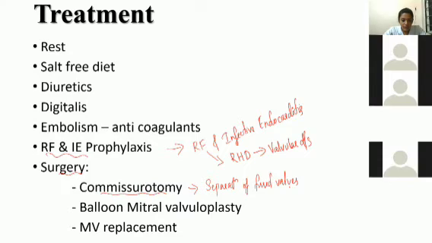Then balloon mitral valvuloplasty, where the valves will be repaired. Then mitral valve replacement we will be doing. This is a very big and important surgery. After valve replacement, the patient should be on continuous warfarin therapy throughout their life. We will discuss this in detail at the end.